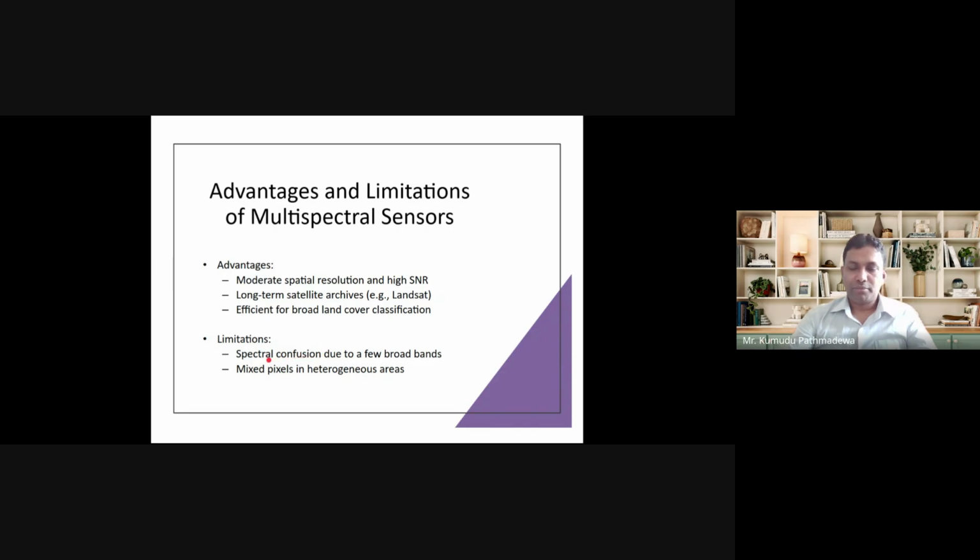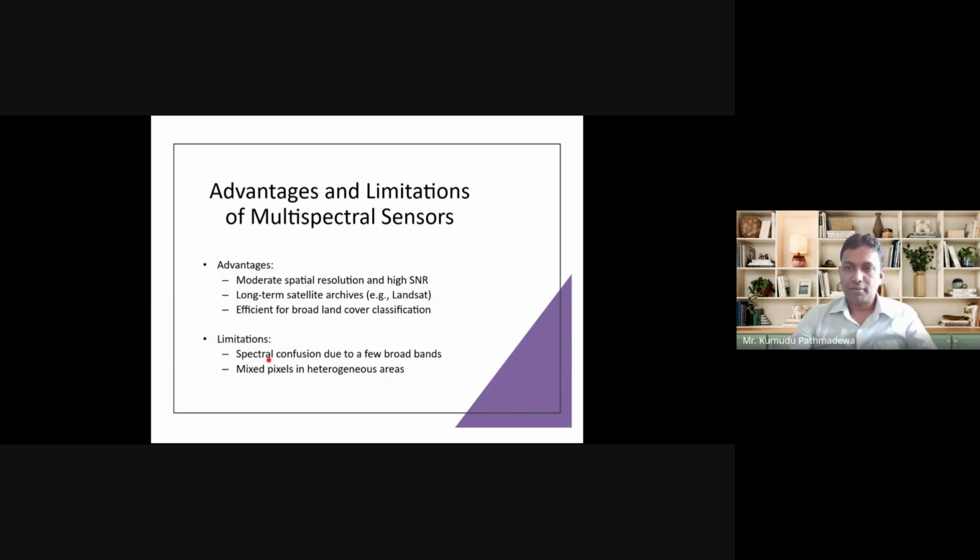Since there is a spectral signature for a certain object, as an example, if we take soil, soil has a spectral signature. Some bands are much more sensitive to soil, some are not. The same thing can happen with another object also. If it is a built up area or a building, the same can happen.